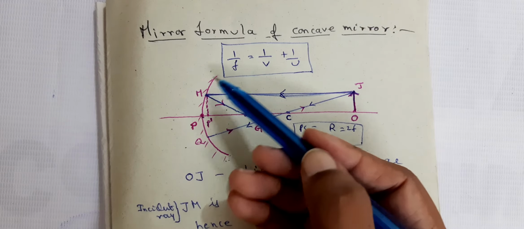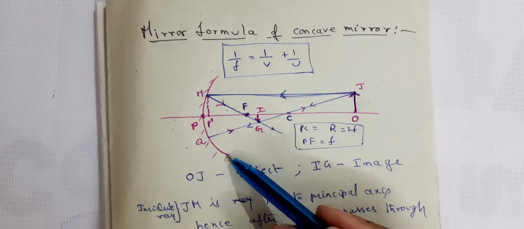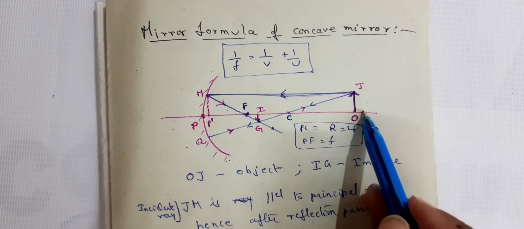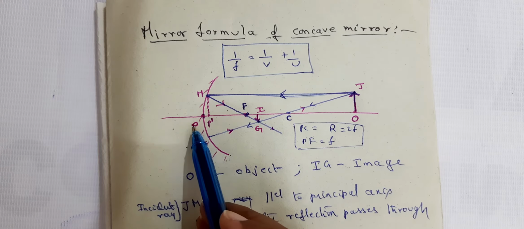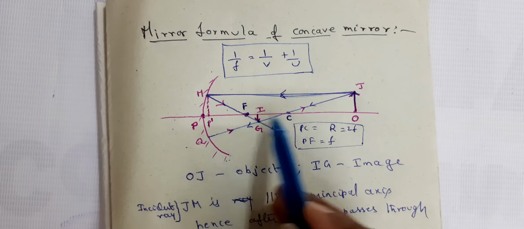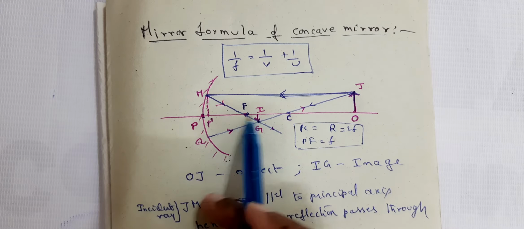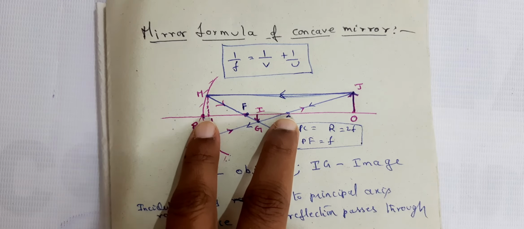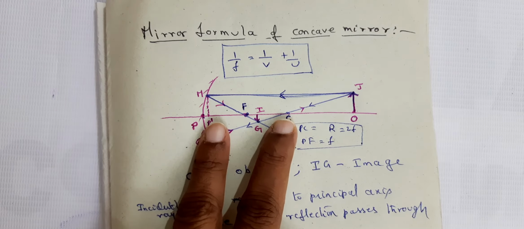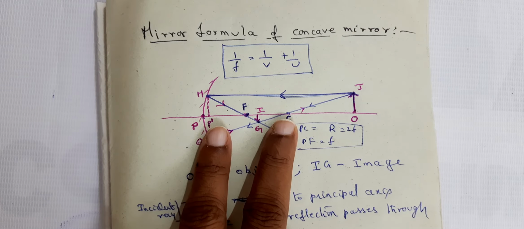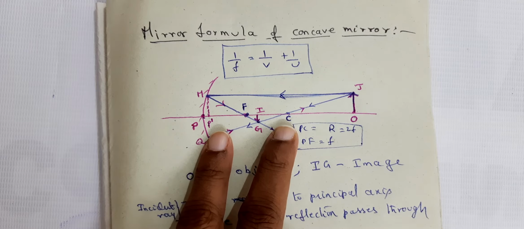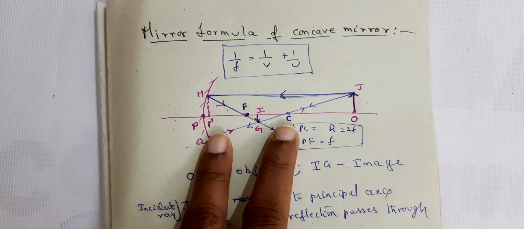So first draw only a mirror, then a principal axis, then locate pole P, then F and C. F should be the midpoint between P and C, approximately. If you draw it with a scale, you will get a clearer and more appropriate diagram.